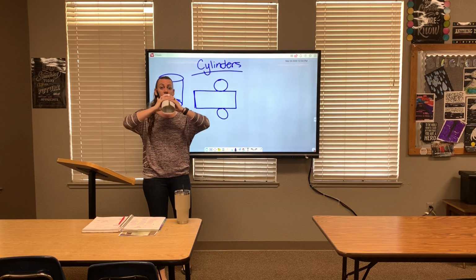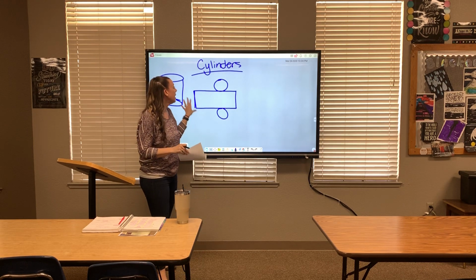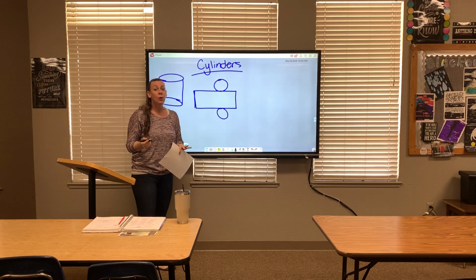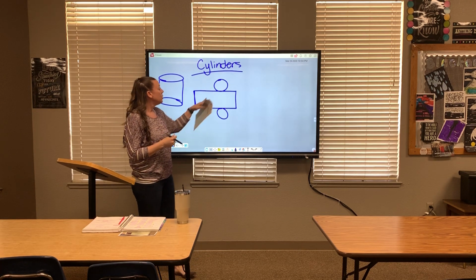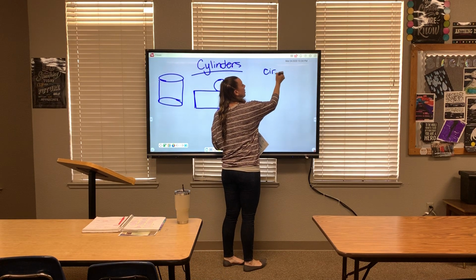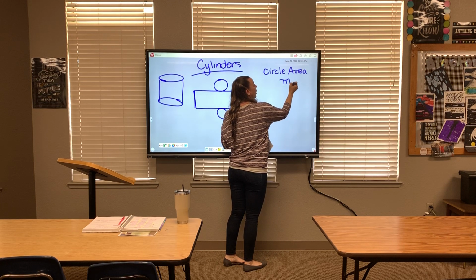You have a circle on top, circle on bottom. When I unravel it, it is a rectangle, okay? So this is the net of a cylinder. We know when we're working with surface area, when you're talking about area of a circle, you know the area of a circle is pi r squared.